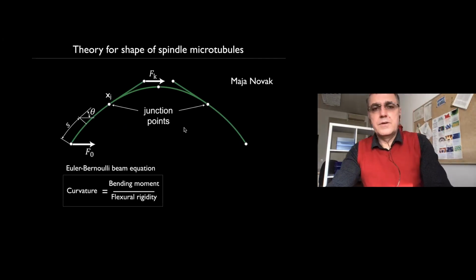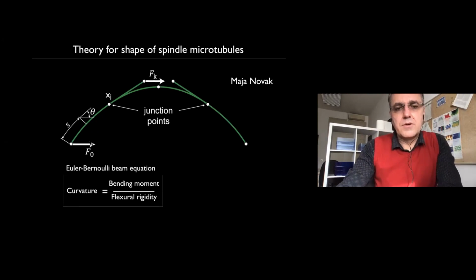The theory of this object is now simpler from a motor perspective. I will completely ignore motor proteins, and I will completely ignore force generators. I will only consider these microtubules as elastic objects that bend under some bending moments.